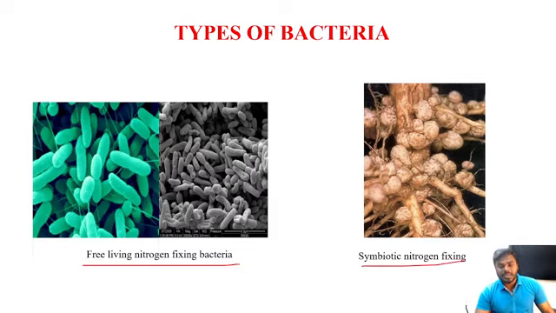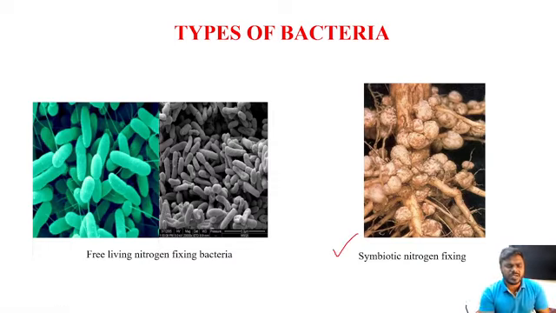Next one we call symbiotic nitrogen fixing bacteria. What are the major differences between the free living and symbiotic nitrogen fixing bacteria? We read many times. Symbiotic bacteria are those type of bacteria that always maintain a mutualistic relationship with the leguminaceae plants. So what is the point? Bacteria are involved in the nitrogen fixation also.